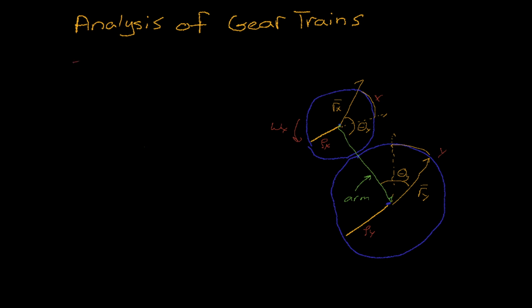Rho X times the change in theta X relative to the arm is equal to rho Y times the change in theta Y relative to the arm.